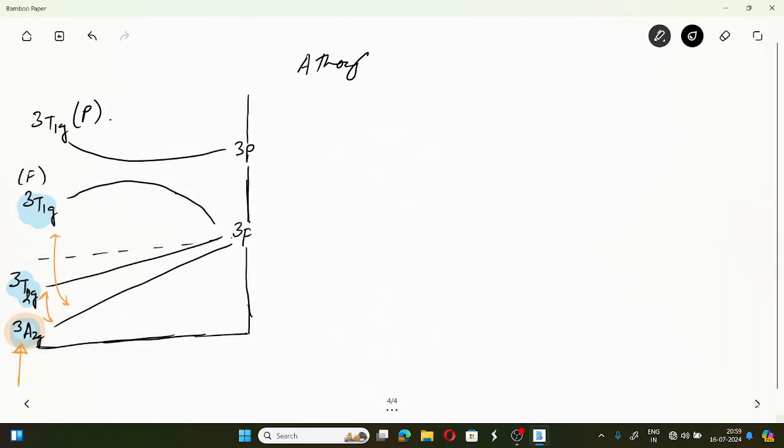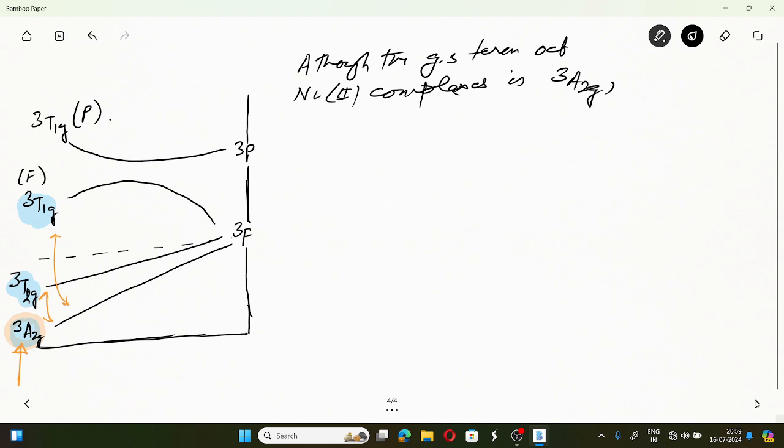Although the ground state term for octahedral nickel 2 complexes is triplet A2G. ঠিক আছে, মনে রাখতে হবে কিন্তু এটা, once you remember the Orgel diagram, তাহলে তুমি পারবে, triplet A2G.